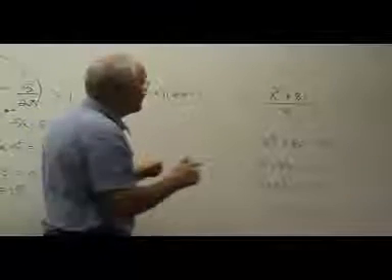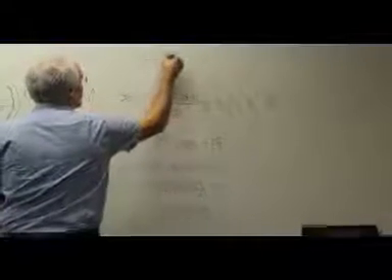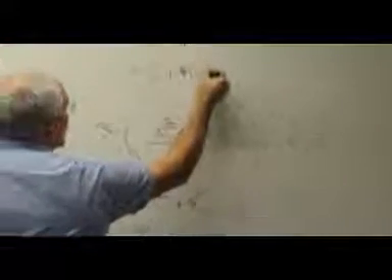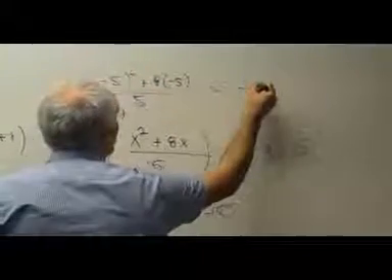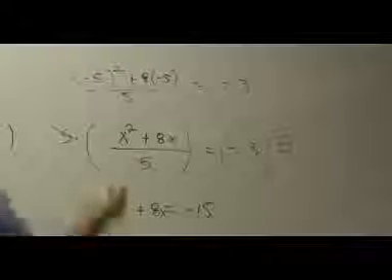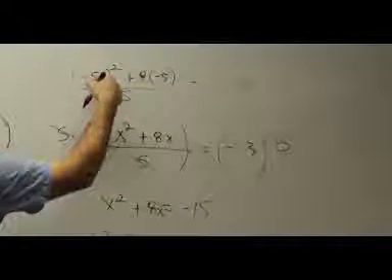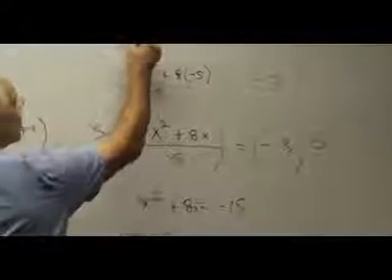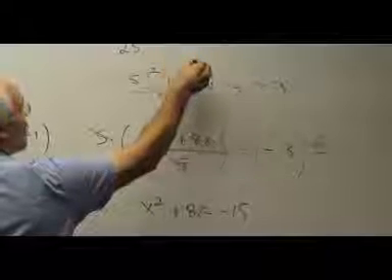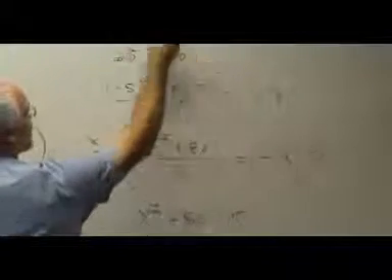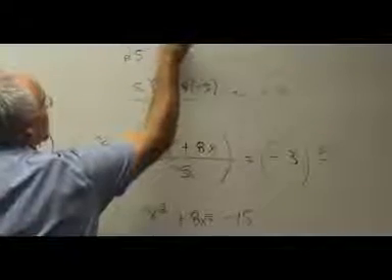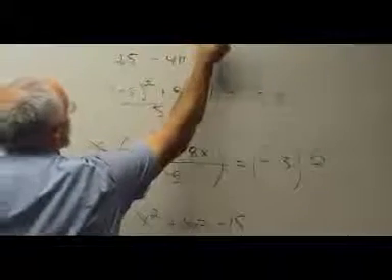Okay? So when we put these in, what happens when we put minus 5 squared plus 8 times minus 5, over 5? Does it equal negative 3? Because of the square, the negative 5 becomes a positive 25. And this becomes negative 40, which of course is negative 15 divided by 5, which is of course negative 3.